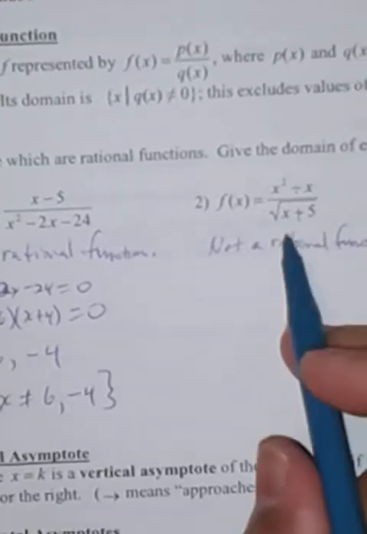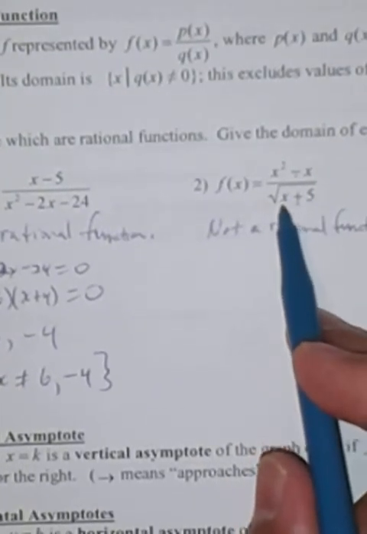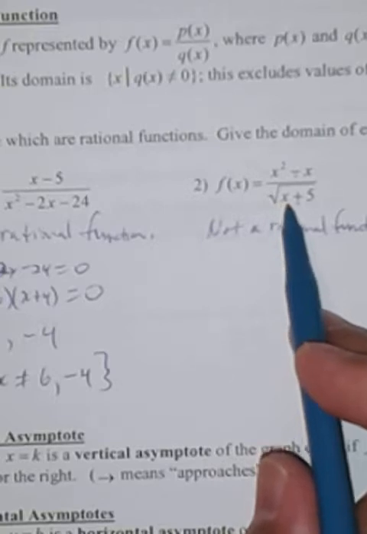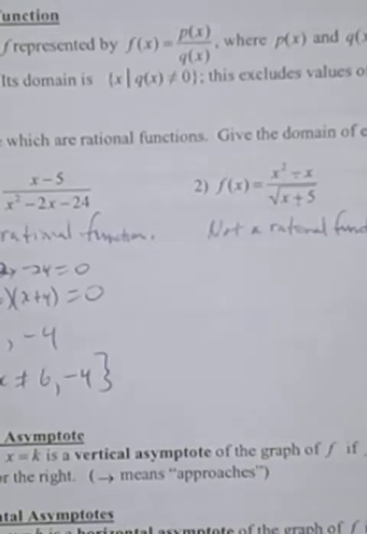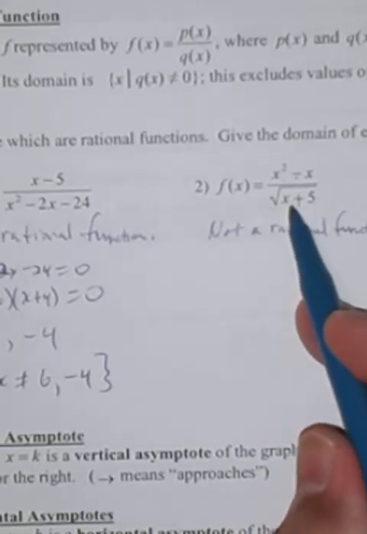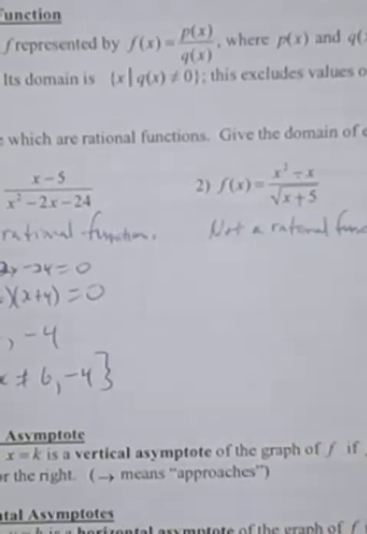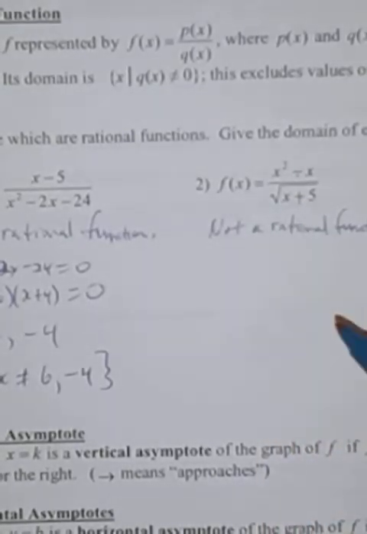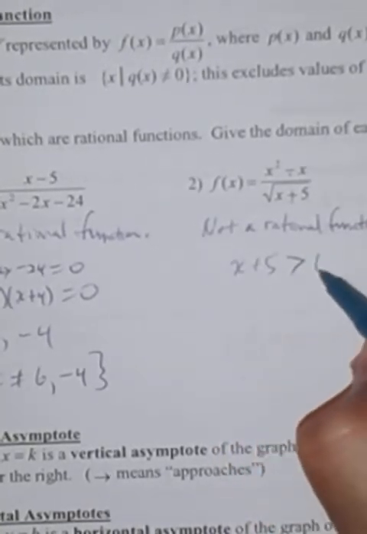Okay, what is the domain? Well, the bottom cannot be 0, and that will happen when x plus 5 is 0. But also, x plus 5 has to be greater than or equal to 0. It cannot be negative, because you can't take the square roots of negatives as far as real numbers are concerned. So what we want to know is, where is x plus 5 greater than 0?